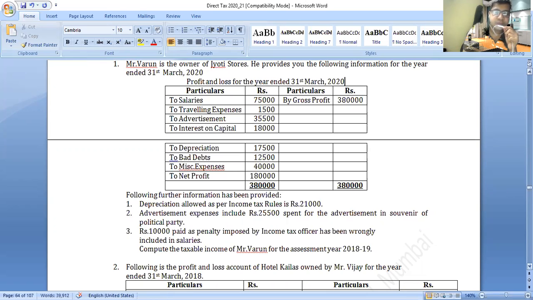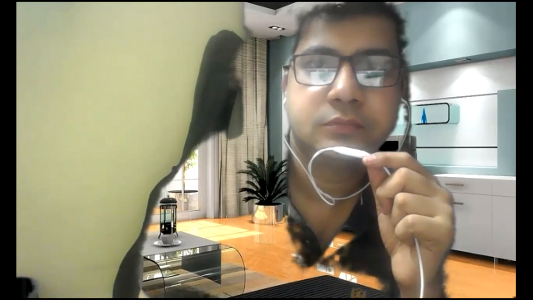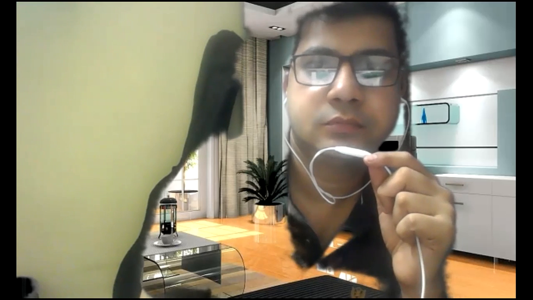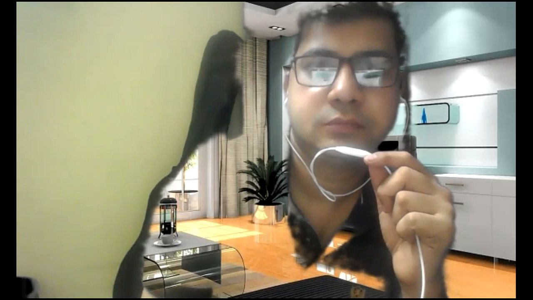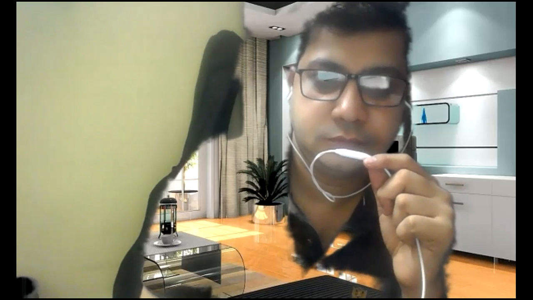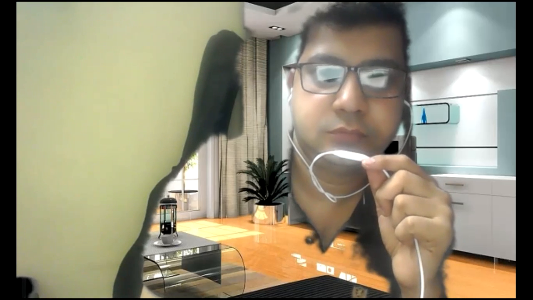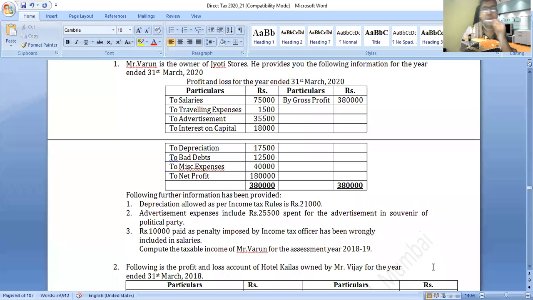Number 2, advertisement expenses include rupees 25,500 spent for the advertisement in souvenir of political party.